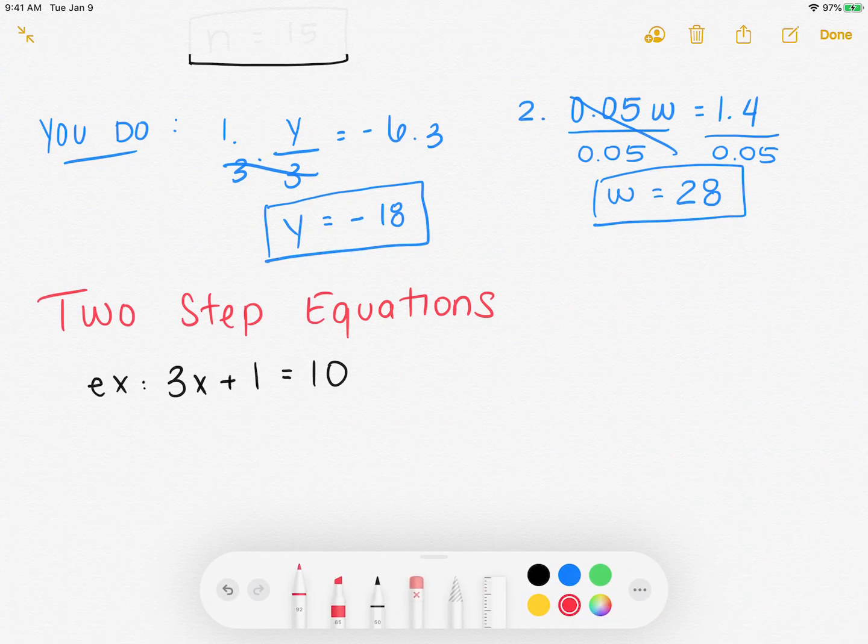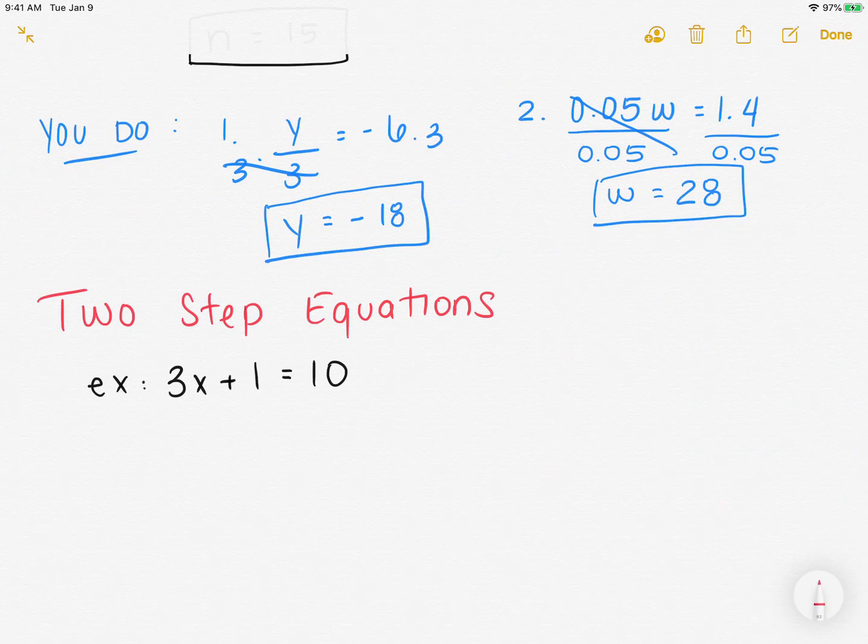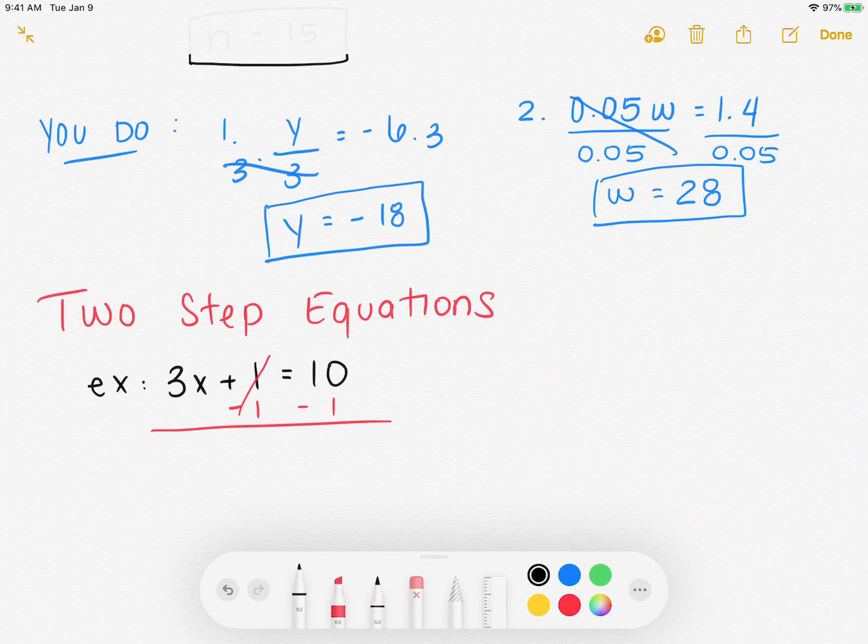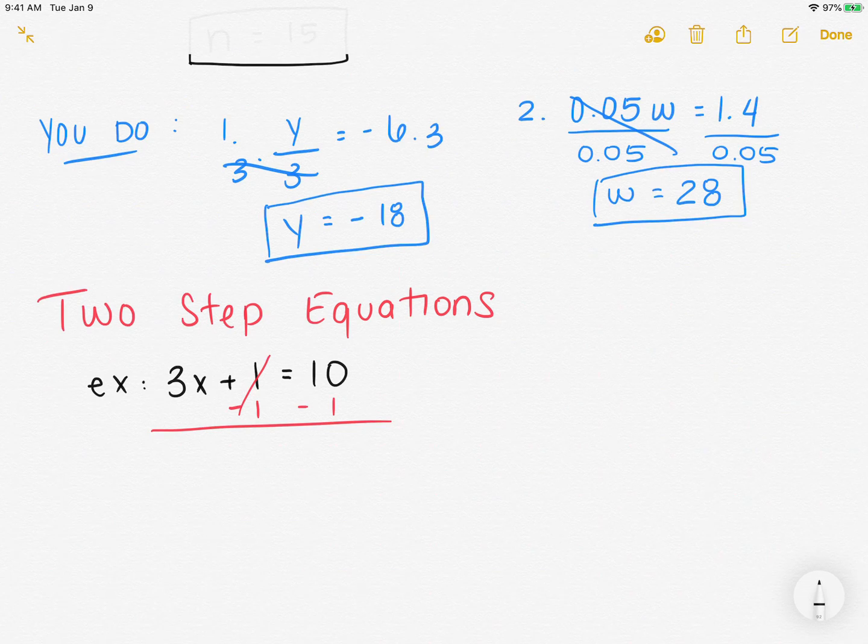So if I have a plus 1, how do I get rid of plus 1? Minus 1, right? Subtract 1 on both sides, which will get rid of this one, and ends up giving me 3x equals 10 minus 1 is 9.